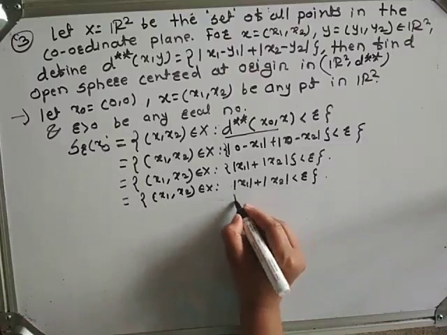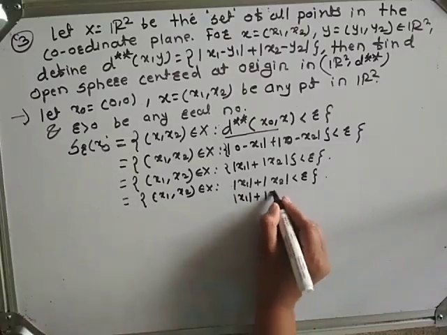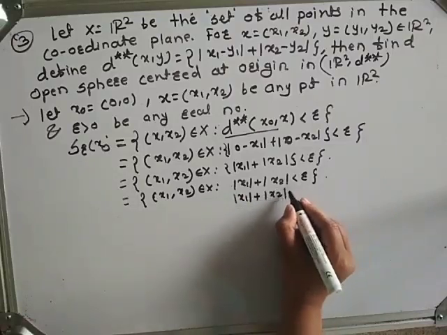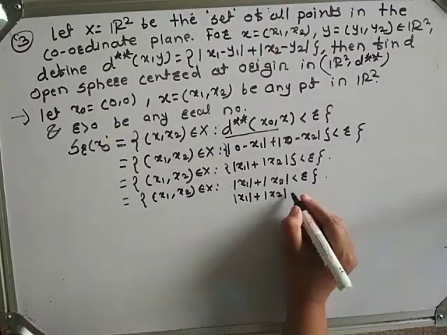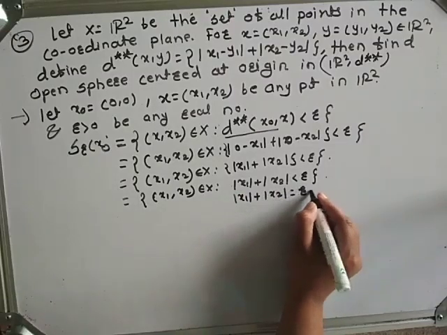If we compare this with mod x1 plus mod x2, we get mod x1 plus mod x2 is equal to r.